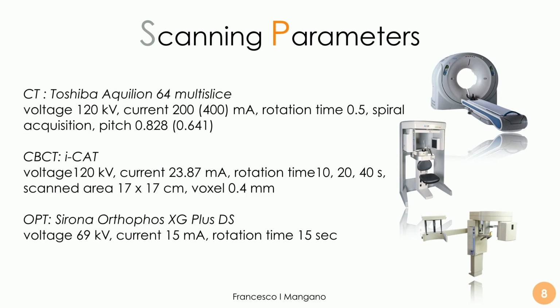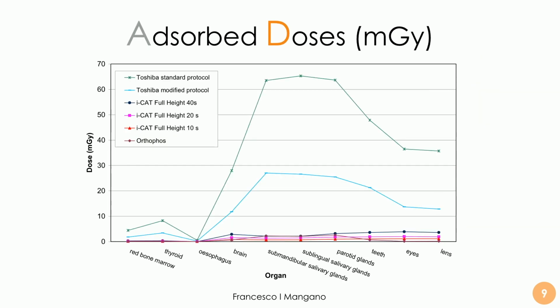We wanted to compare the different doses, and particularly the effective doses given to different organs by these machines. Immediately we saw that, considering the absorbed dose in milligray, there was no competition, because the conventional medical CT gives much more radiation than the other two machines, obviously.